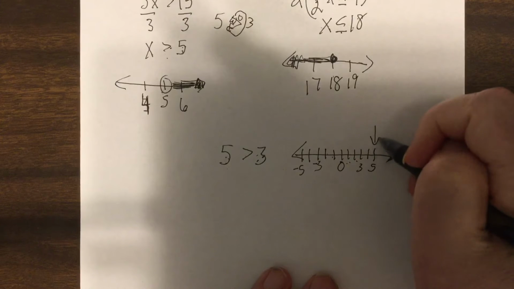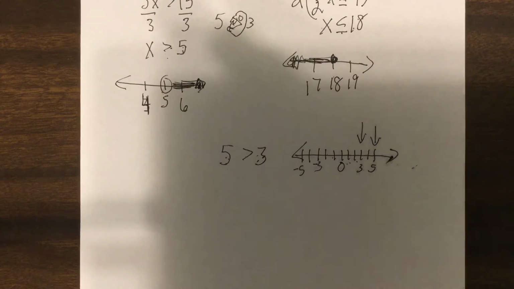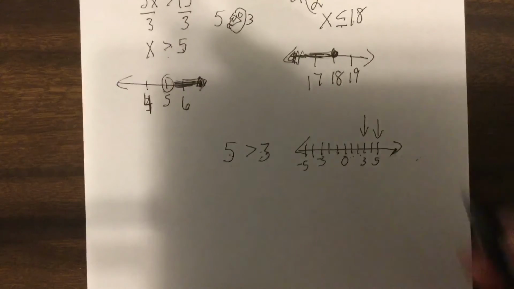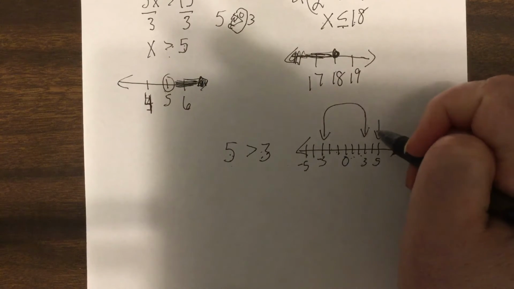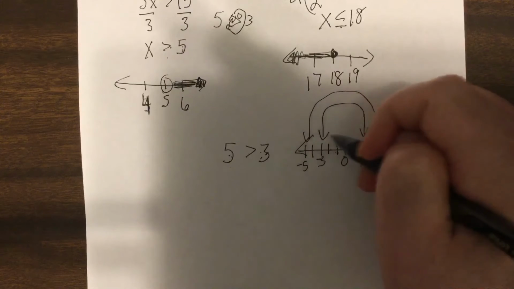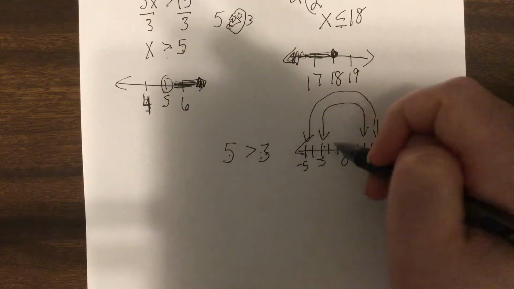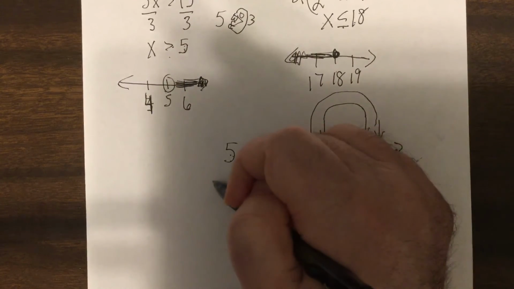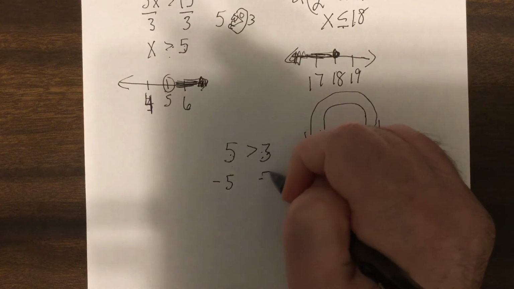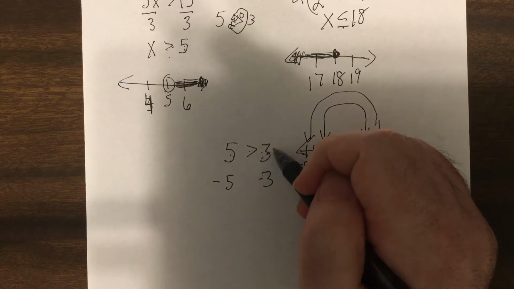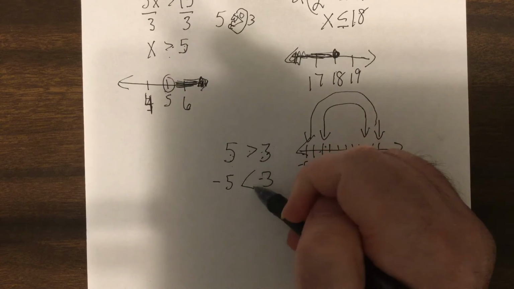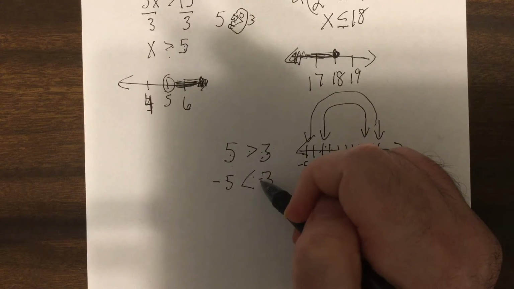So 5 is bigger than 3 because it's to the right of 3 and it's farther away from 0 on the right. But if I multiply by negative, this comes on this side, this comes on this side, and -3 is to the right of -5, making it bigger. So if I multiply both sides by -1, the bigness changes. So you actually have to switch the inequality.